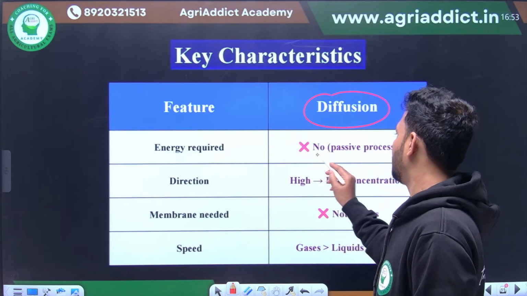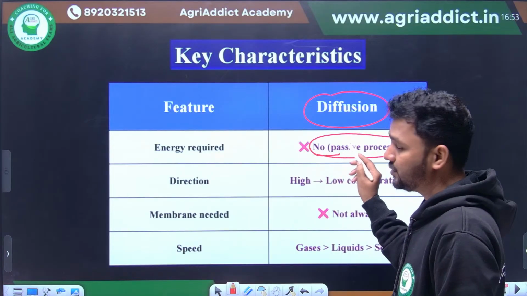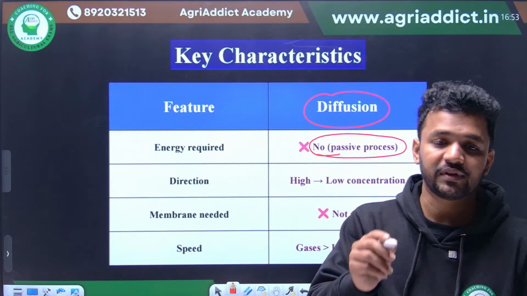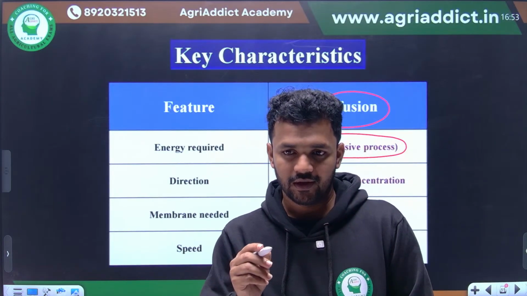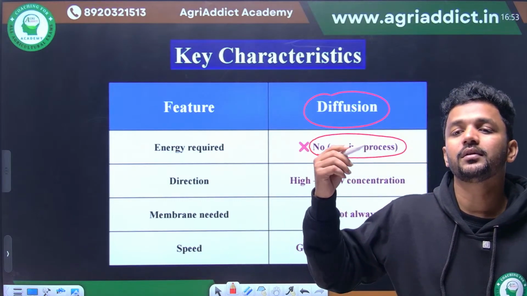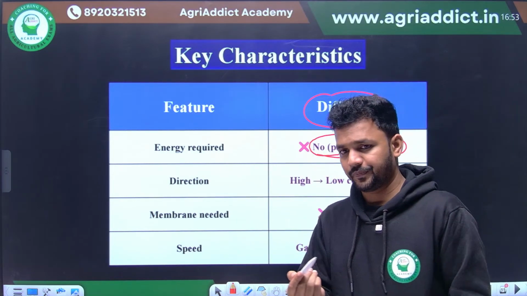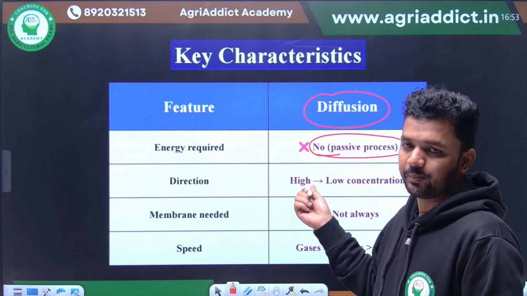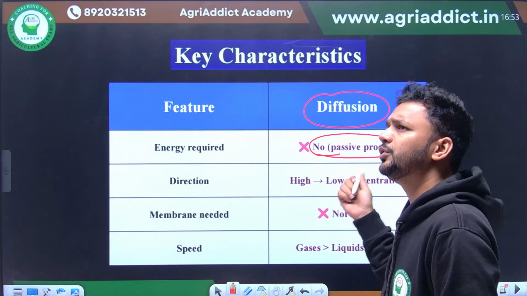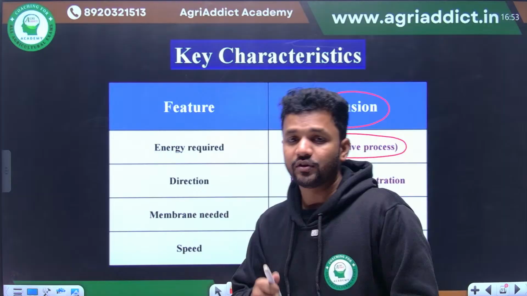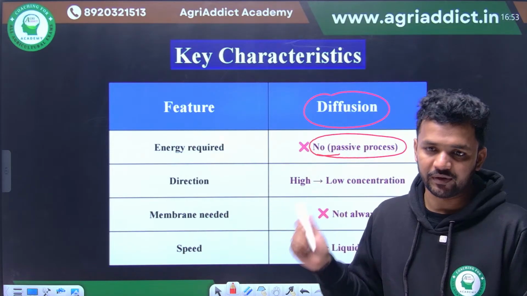So is energy required? No. That's why the diffusion process is a passive process. And if some process requires energy, then it is an active process, right? So here diffusion is passive because it is not utilizing any external input of energy.